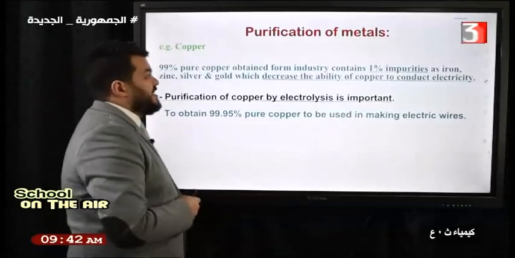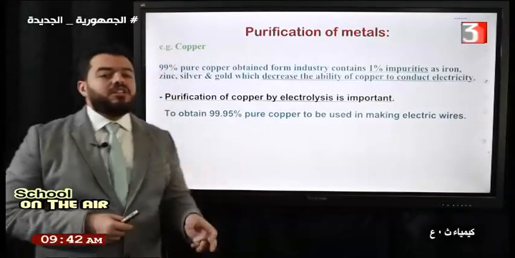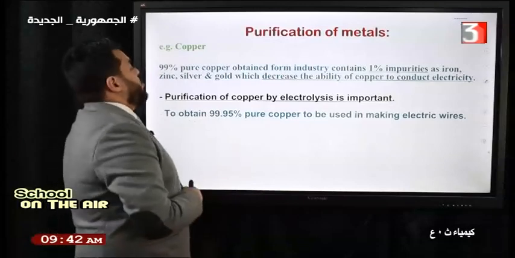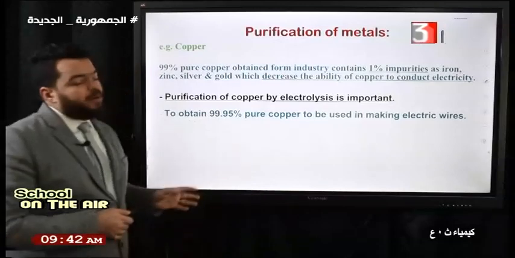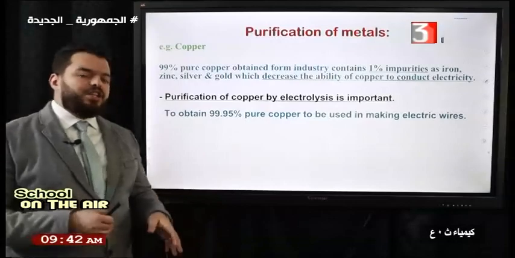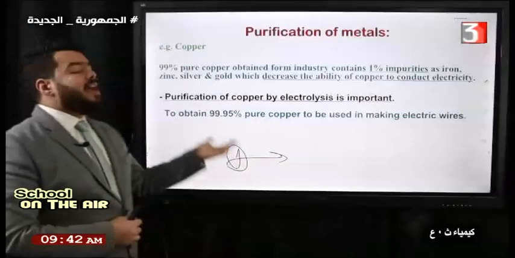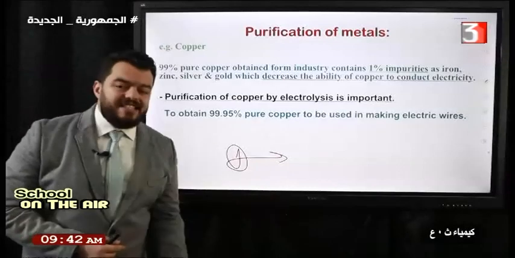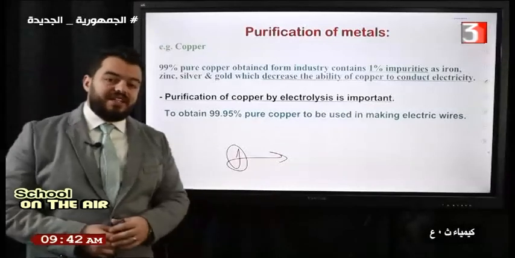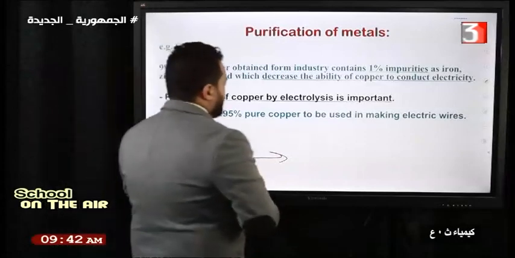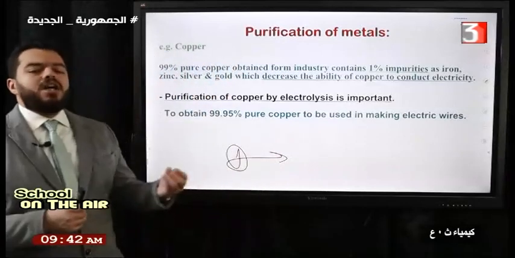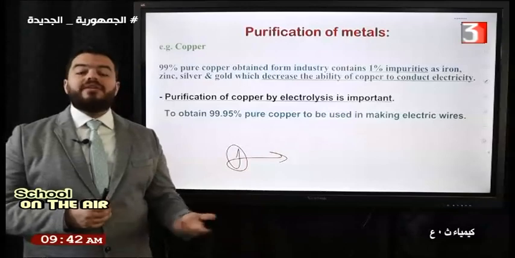The other application, and the last application, is the purification of metals. You are going to purify the impurities, as in industry we can get only 99% pure copper, and the remaining 1% will decrease its ability to conduct electricity and will contain very high value metals like gold and silver.